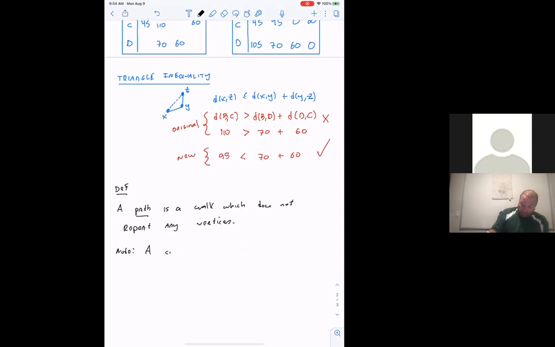A cycle is a walk that begins and ends at the same vertex, but otherwise does not pass through any vertex more than once.